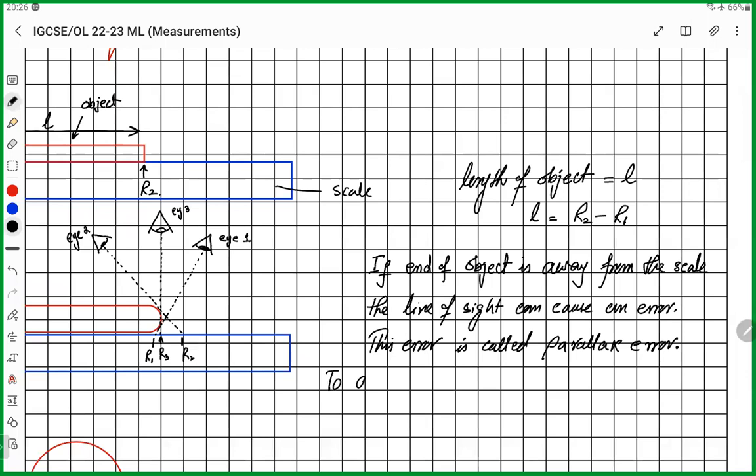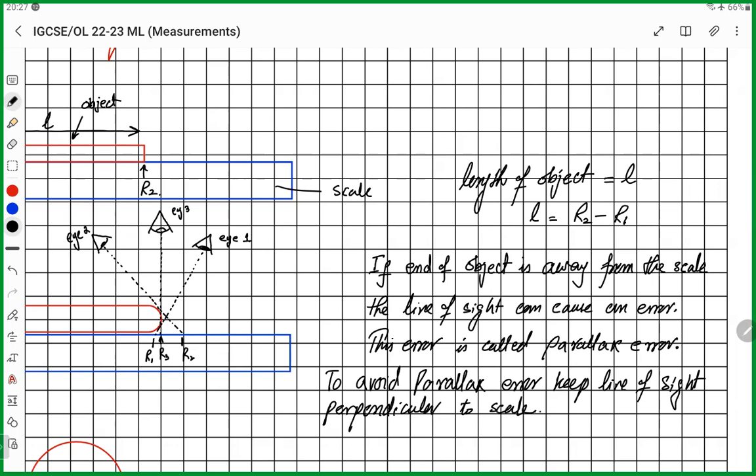To avoid parallax error, keep line of sight perpendicular to scale.